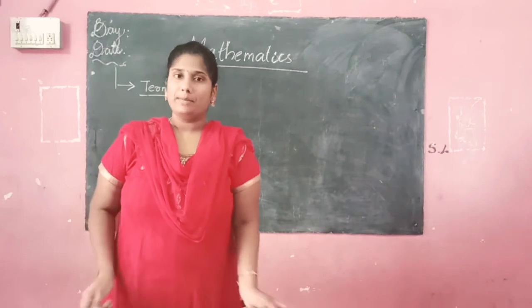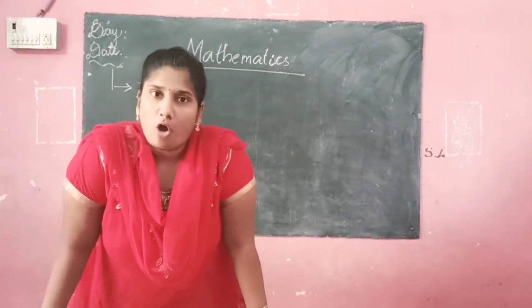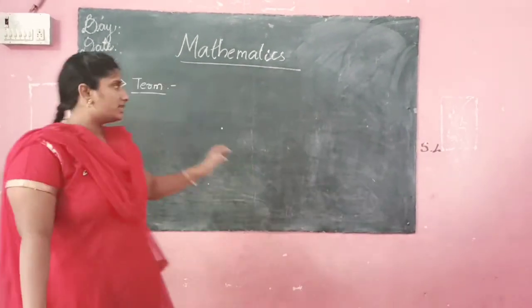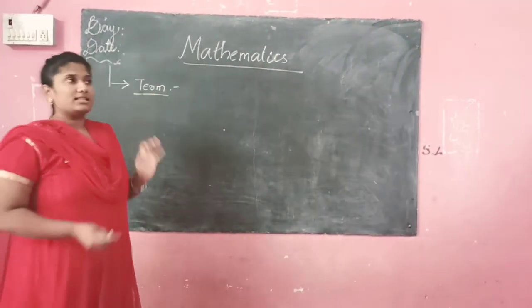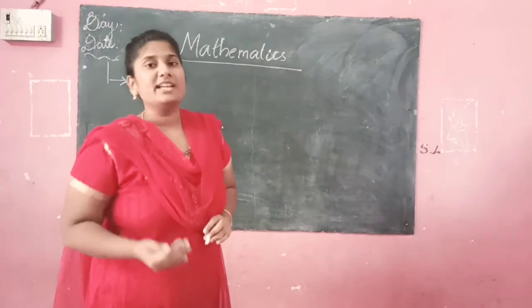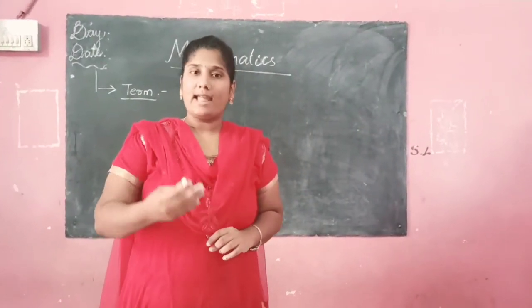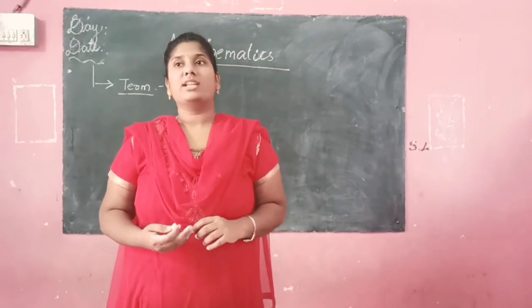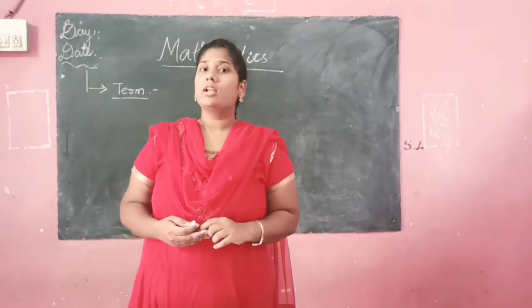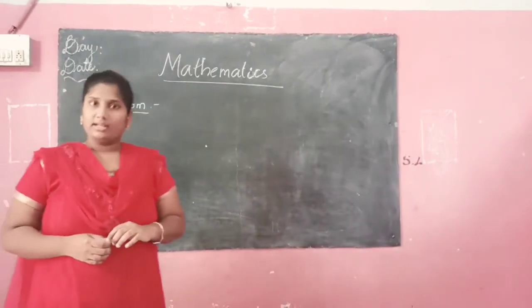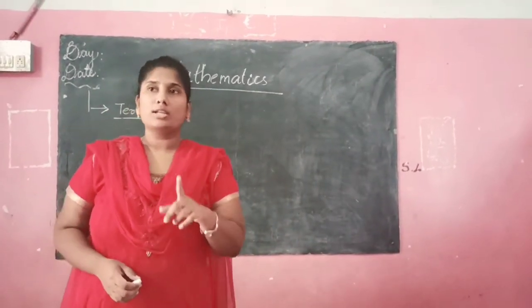Term is nothing but the combination of constant and variable with the help of multiplication and division. What is the definition of term? Term is nothing but the combination of constant and variable.